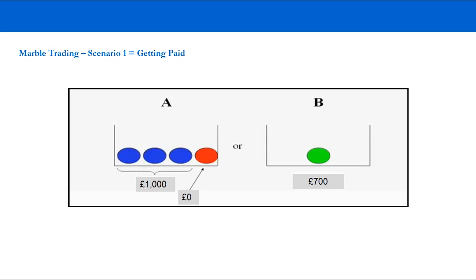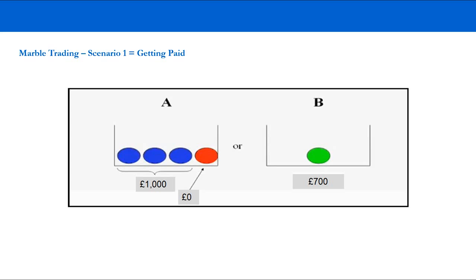So what you're doing is you're actually trading marbles against me, and in this scenario you're getting paid. So if you win the game, I have to pay you. If you lose the game, you have to pay me. But in this scenario, you can only get paid. You're winning.